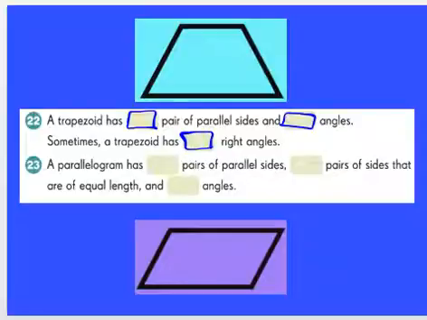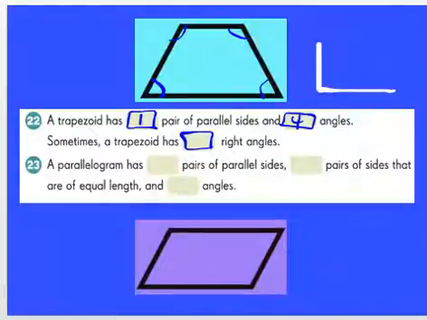All right, we should have said a trapezoid has 1 pair of parallel sides, and still it has 4 angles, 1, 2, 3, 4. And sometimes a trapezoid could have how many right angles? Well, it can't have 4, because if you think about drawing a figure, here's 1 right angle, here's 2. If I have 2 more right angles, it's going to have to be a rectangle or a square.